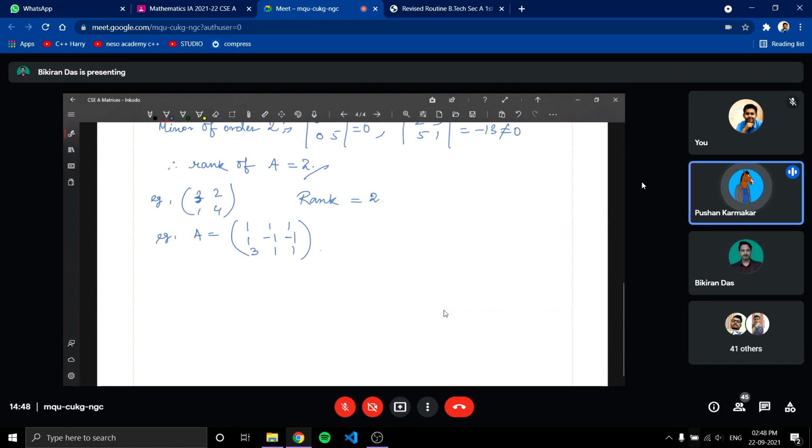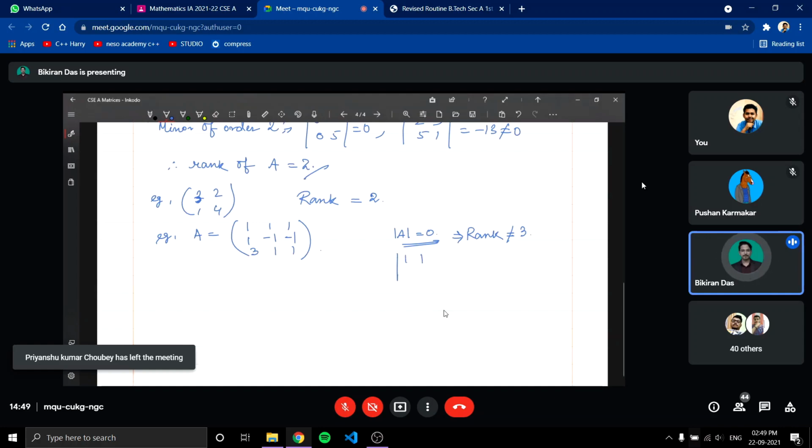It won't be 3 because two columns are the same, so the determinant will be 0. Very good. If it is 2, then one of the 2 by 2 minors is not 0. Rank is not equal to 3. If we take the first minor only, say 1, 1, 1, minus 1, that gives us minus 1 minus 1, which is minus 2. This is not equal to 0. So therefore, the rank is 2.